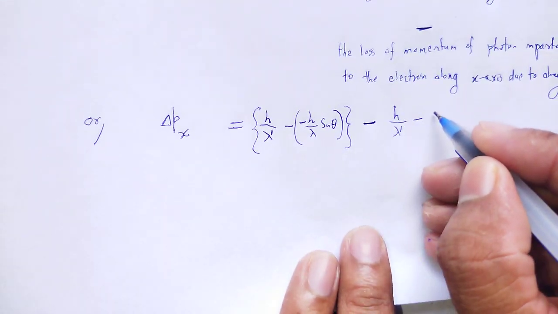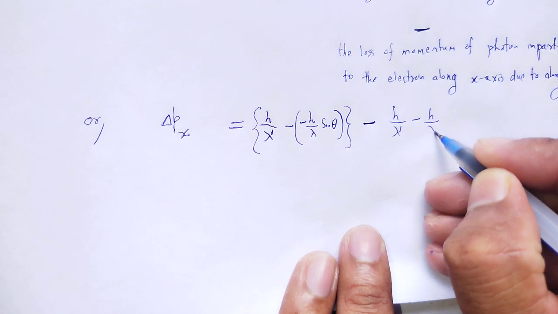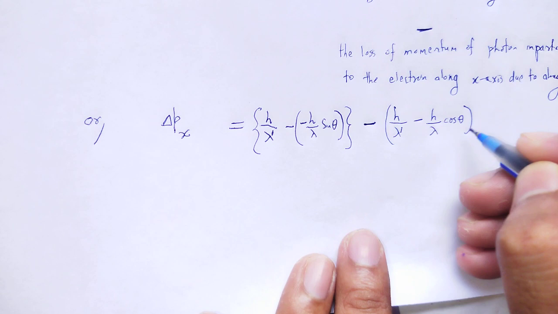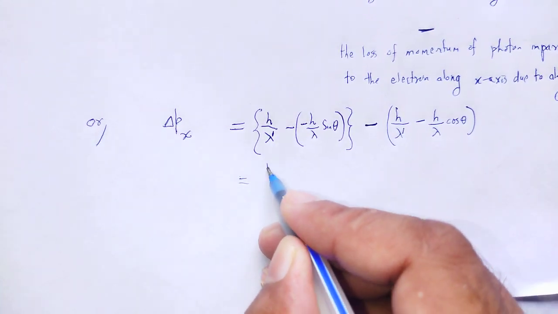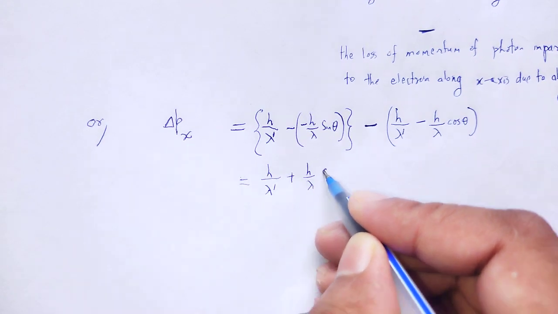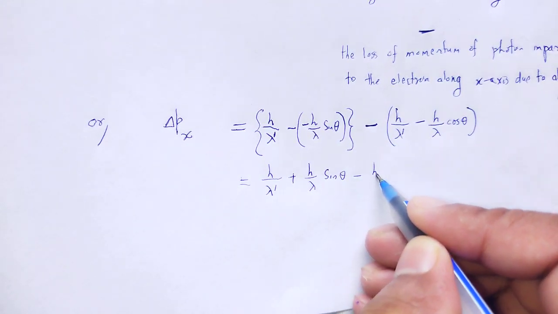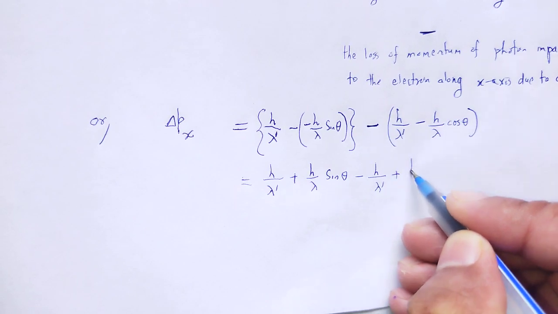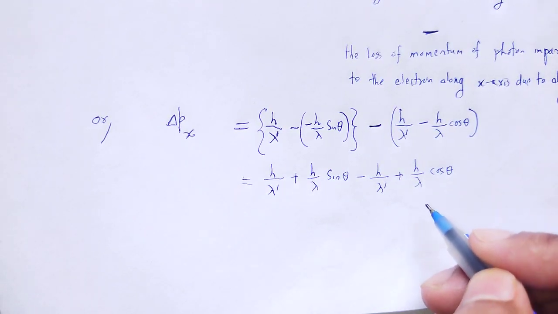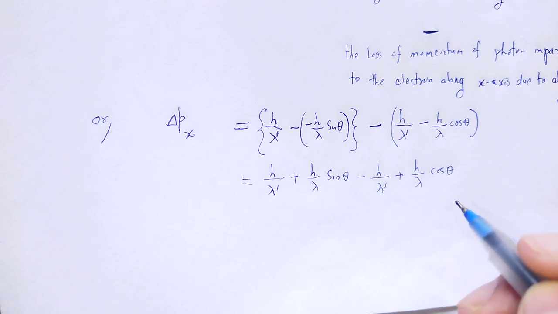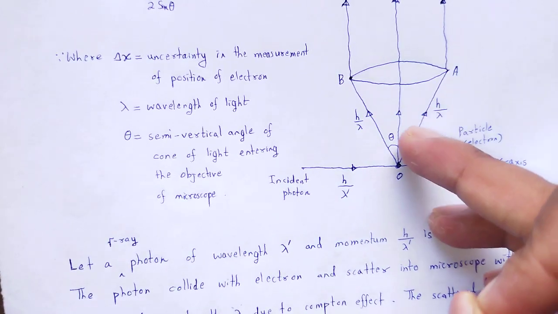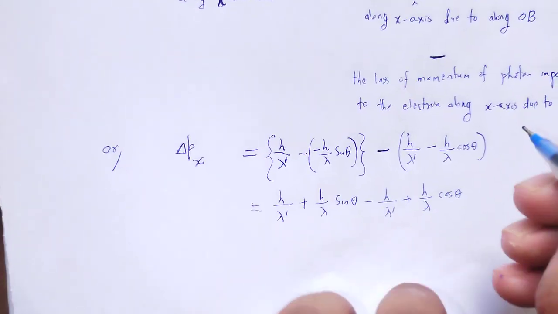So the resultant h by lambda dash plus h by lambda sin theta minus h by lambda dash plus h by lambda sin theta. Sorry, this component cos theta, that component sin theta.